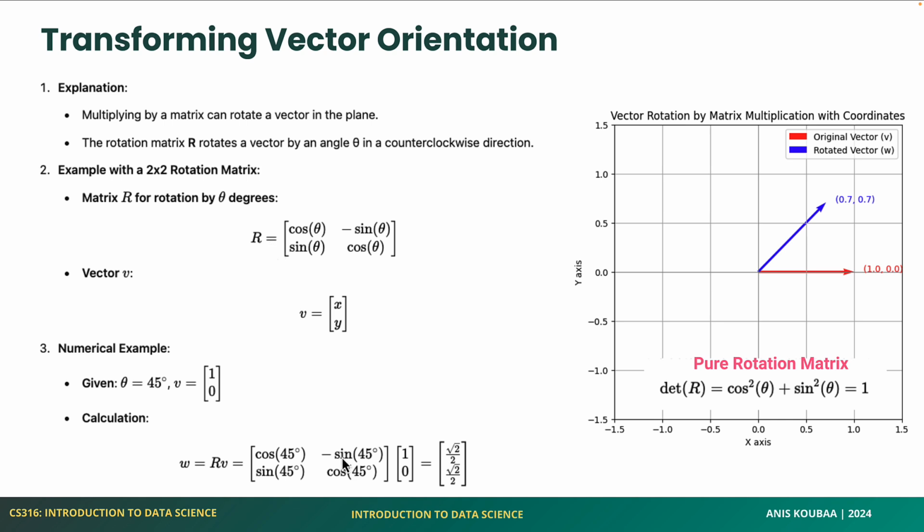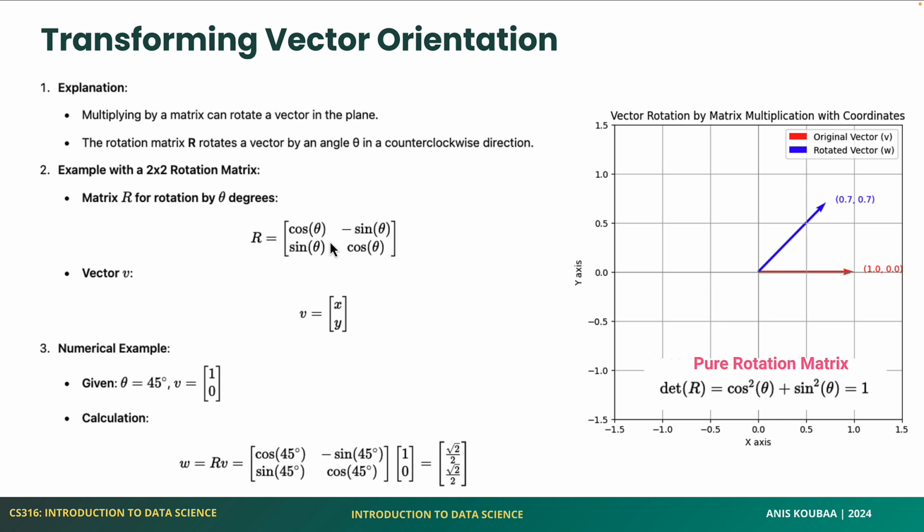If I substitute these values, it results in the square root of 2 divided by 2 and the square root of 2 divided by 2. This is going to be the blue vector. What does this blue vector represent? It's a rotated vector. It was transformed, because it was multiplied by a matrix.